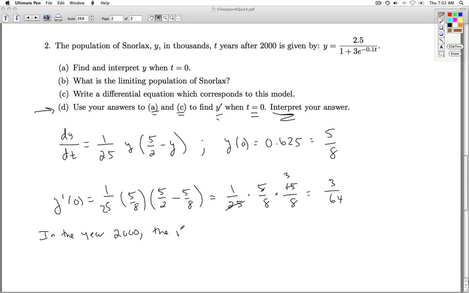the population of Snorlax is, well, since this is a positive number, it means that the population is increasing at a rate of 3 represents 3,000 Snorlax per 64 years.